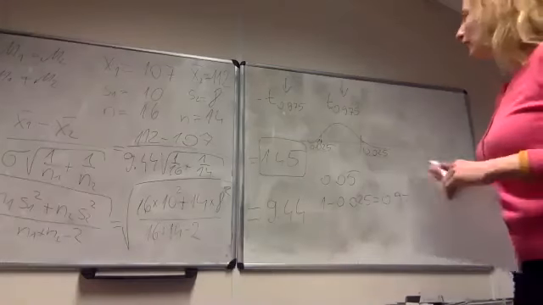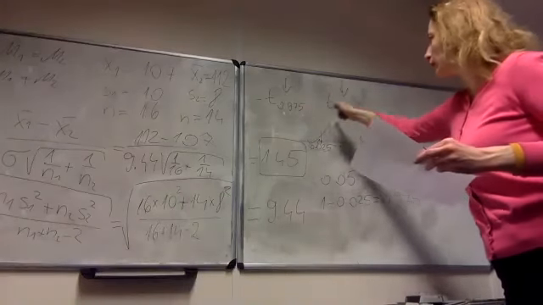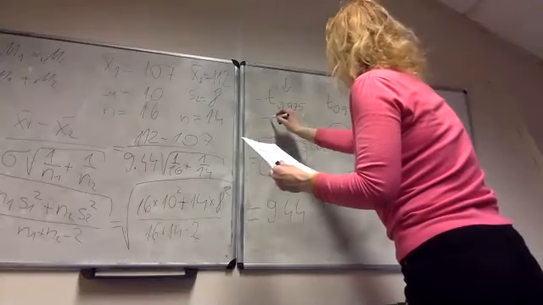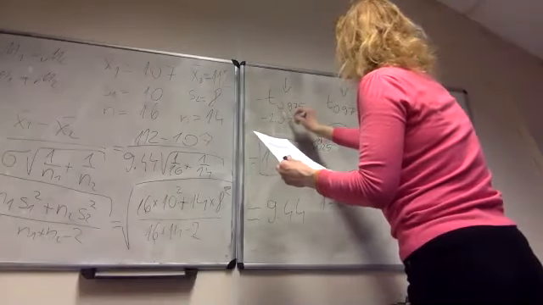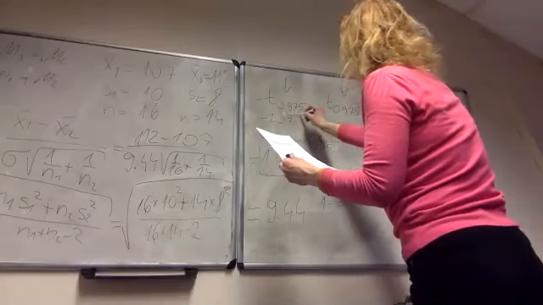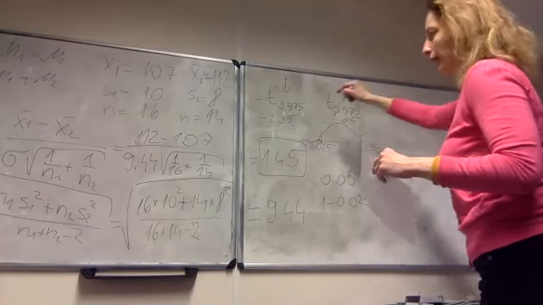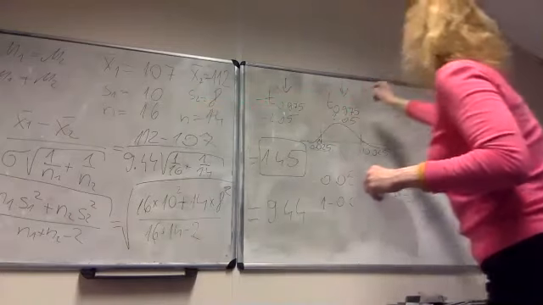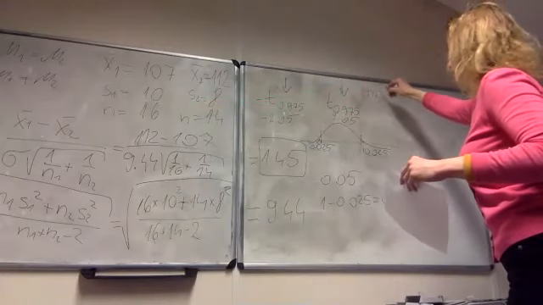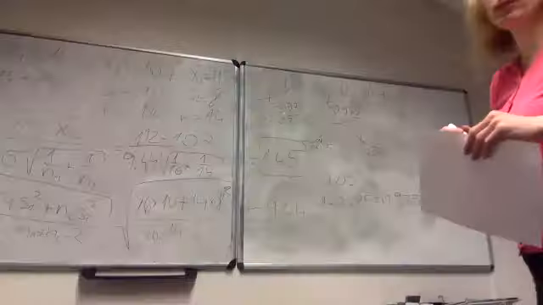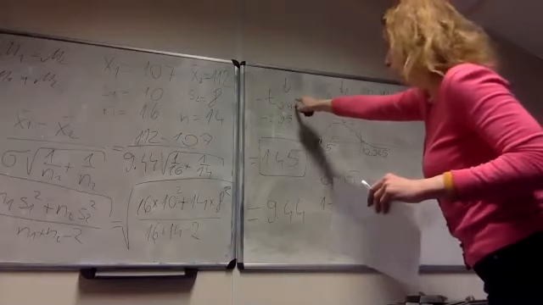Okay. So we need to check online what these two values are. And we get that this is minus 2.05 and this is 2.05 if the degree of freedom is 28. How do we calculate the degree of freedom? We take the sample sizes, N1 plus N2, and take away 2. How did you get the minus 2.05 and 2.05? We check online. You go online and get this detailed table and you check these two.